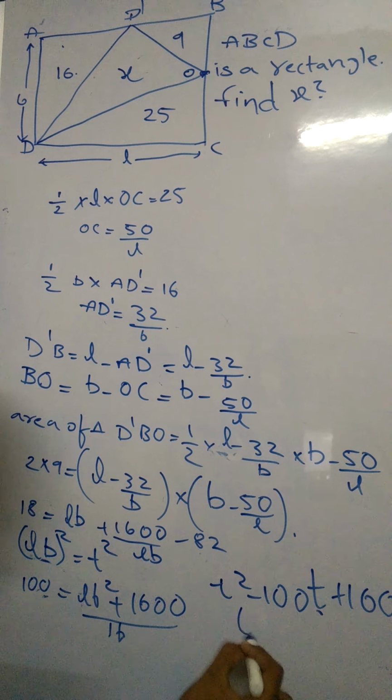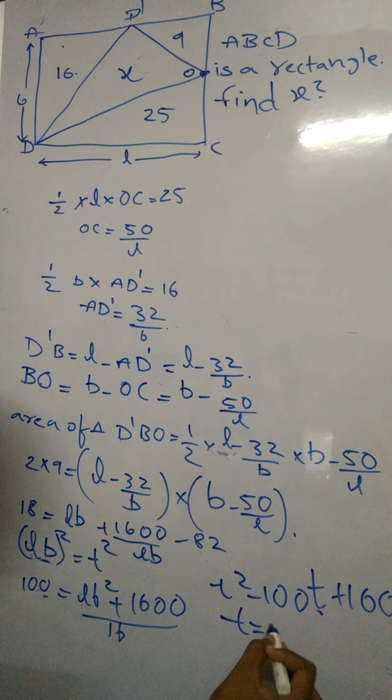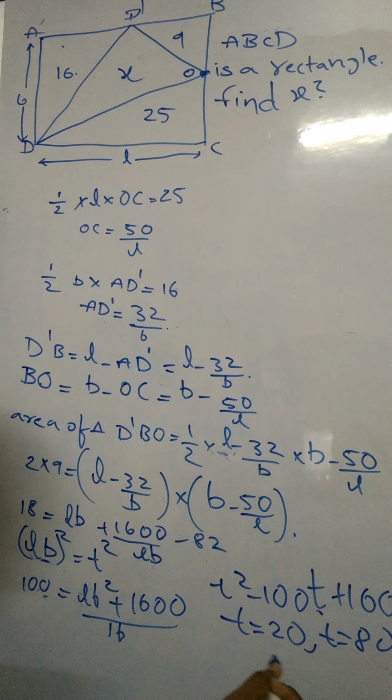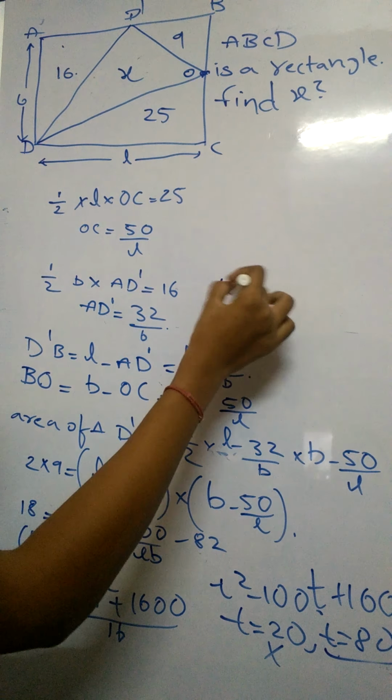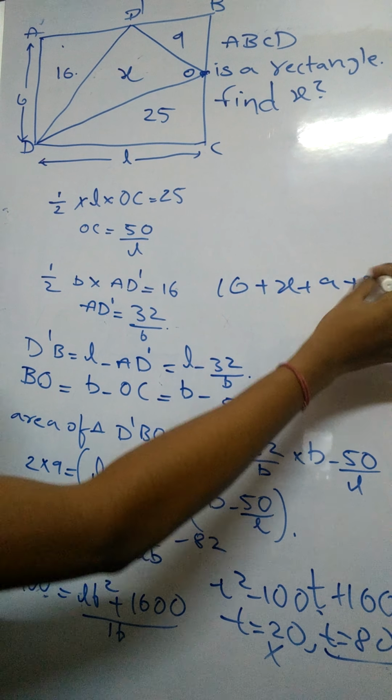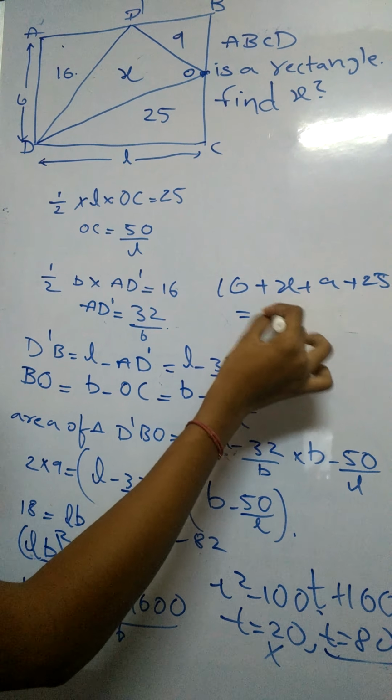If we find the roots of this equation, T is equal to 20 and T is equal to 80. We cannot take T equal to 20 because the area of the rectangle is already more than 20. Therefore, we should consider 80. 16 plus x plus 9 plus 25 is equal to 80.